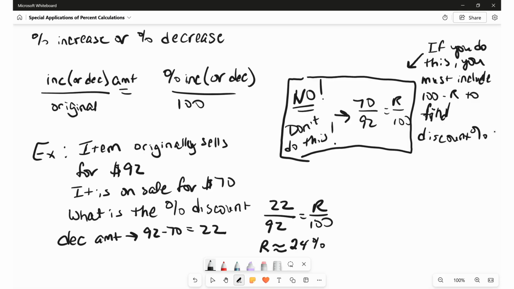So just keep in mind, if you do choose to do what I'm saying not to, I think doing the 70 over 92 adds an extra step that you really don't need. If you will just do that subtraction to begin with, find the amount of increase or decrease, and use that value in your percent proportion. As always, I encourage you to reach out with any questions. Please let me know. I'm here to help.